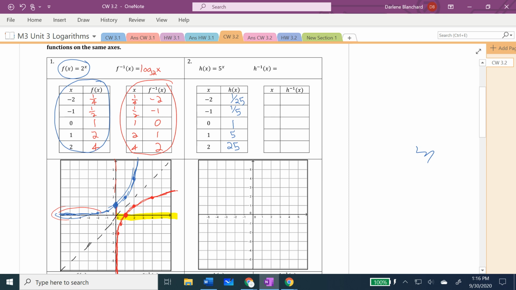So if I'm going to look at the inverse of that exponential function, we call it log base 5, with a subscript of 5, and then the input x goes back on the same line as the log. I'm going to take every one of these xy pairs and swap them. So I have 1 over 25, negative 2. 1 over 5 goes with negative 1, and so on.